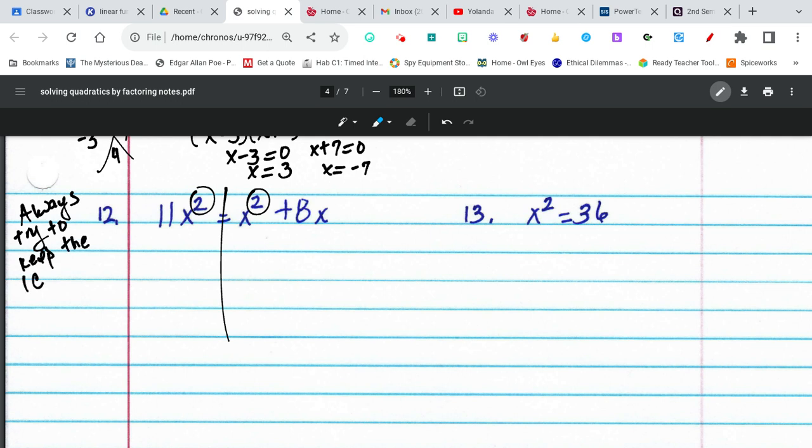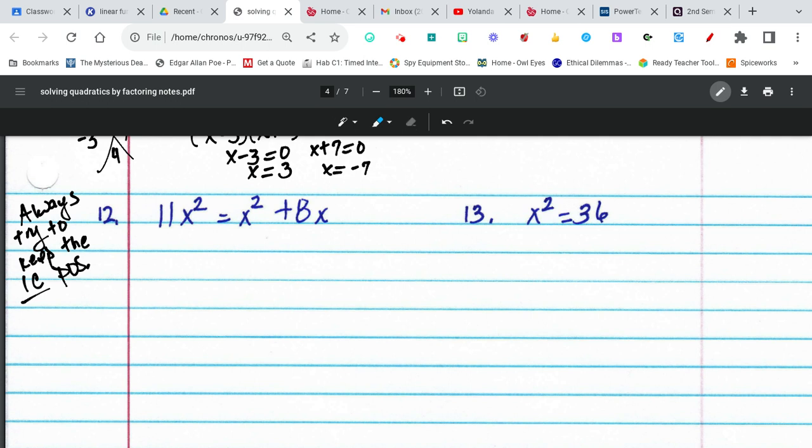I'm going to put LC for leading coefficient, POS for positive. So that means I don't want to subtract 11x squared, although that would make this side 0 very easily. But it's going to make this negative 10x squared. My leading coefficient will be negative, and I don't like that. Okay, so I'm not going to do that.